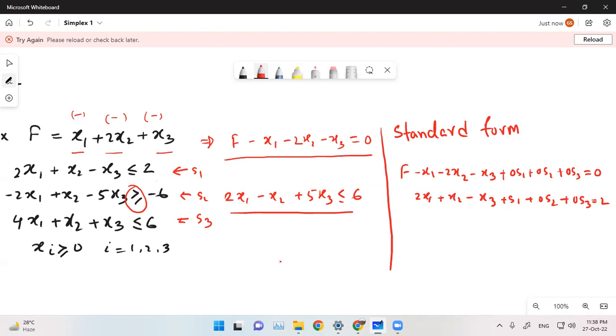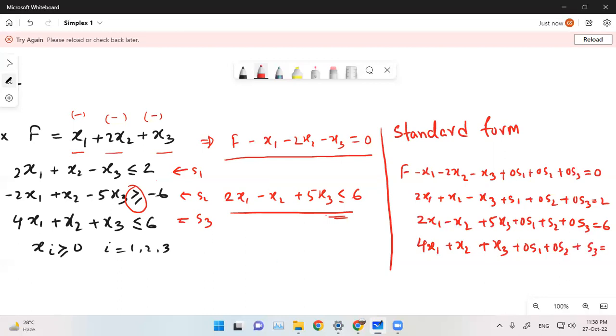You will have the modified one, and we're going to take this one. So basically 2x1 minus x2 plus 5x3 plus 0 s1 plus s2 plus 0 s3 equal to 6. Finally, the last one: x1 plus x2 plus x3 plus 0 s1 plus 0 s2 plus s3 equal to 6.